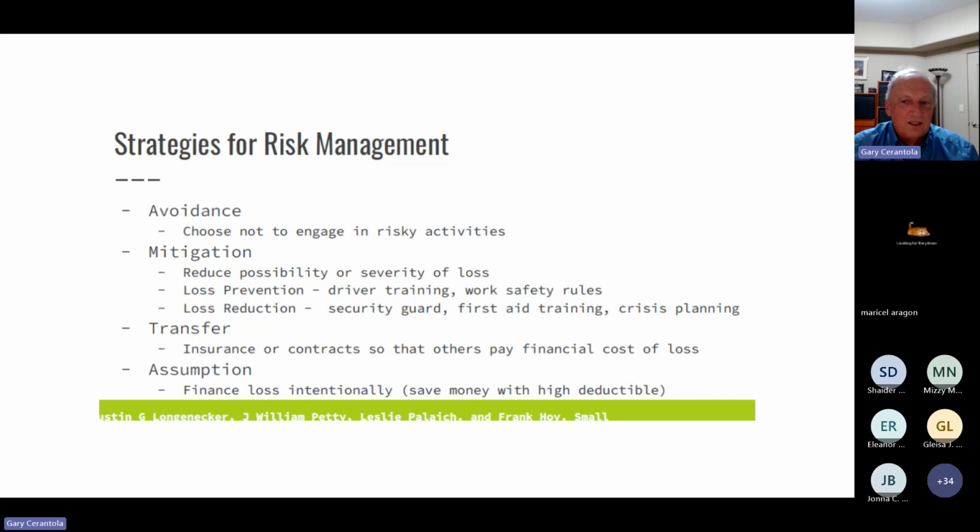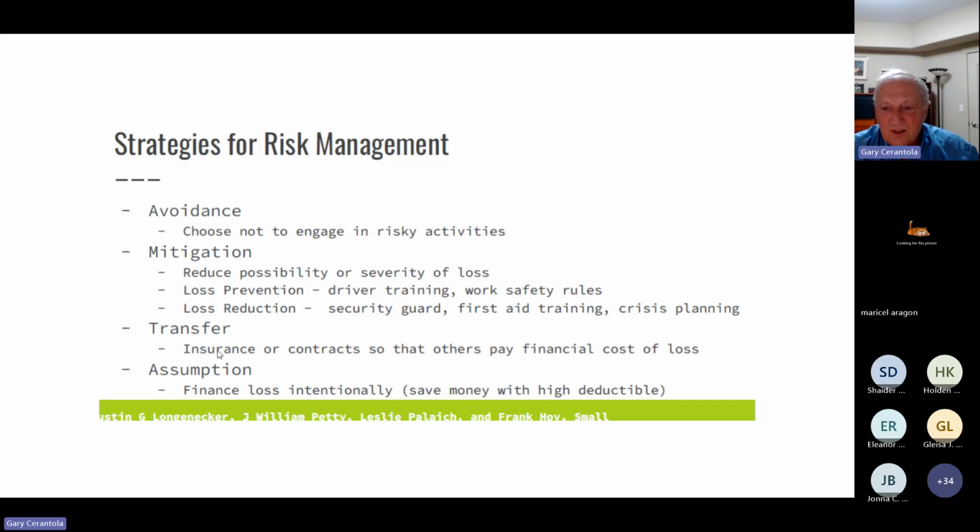We're just going to avoid that. Mitigation is, we know there are certain kinds of risks at certain times, so we're going to do a lot of training to make sure that people understand how they should be safer. And then we're going to put in safeguards so that we reduce possibilities of loss.